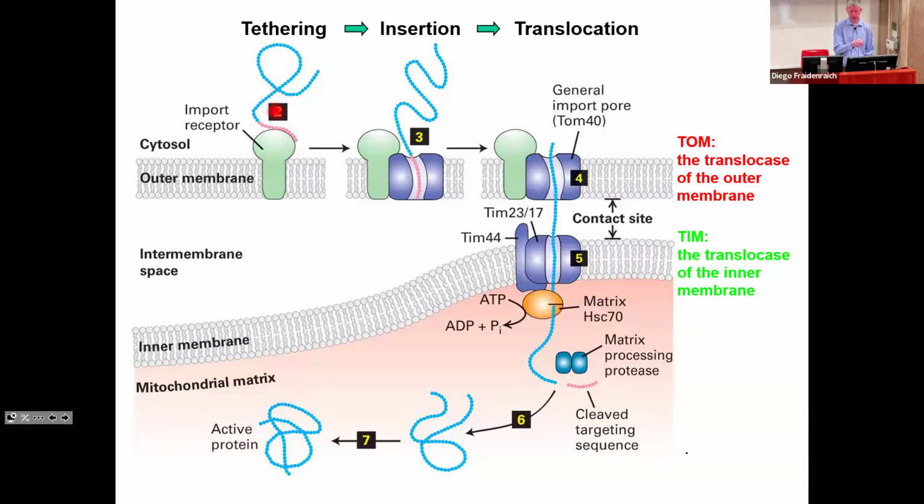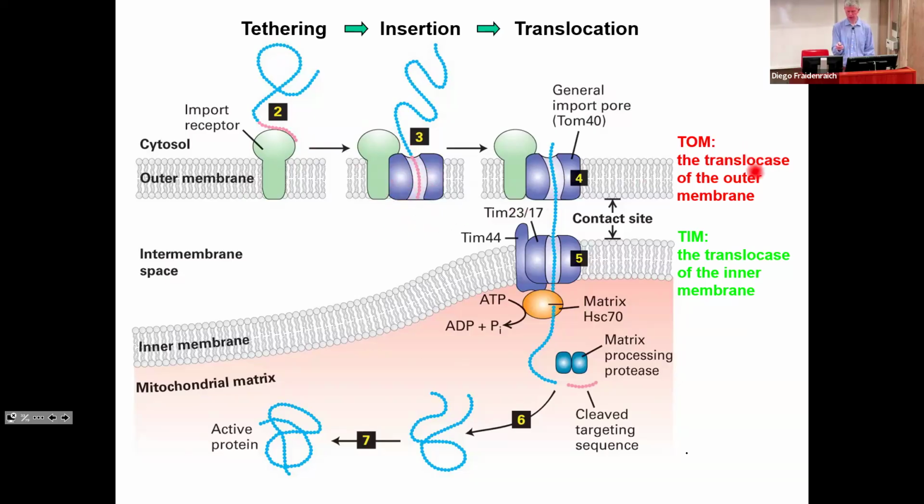Once it's unfolded, the mitochondrial signal sequence can be recognized by the import receptor, and then it will be transferred to the import channel.